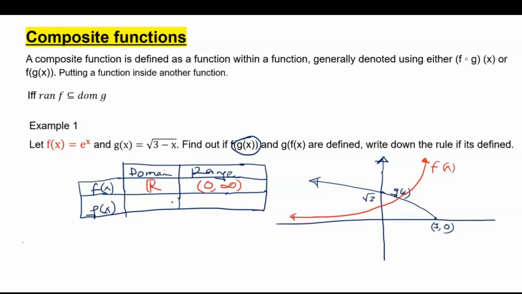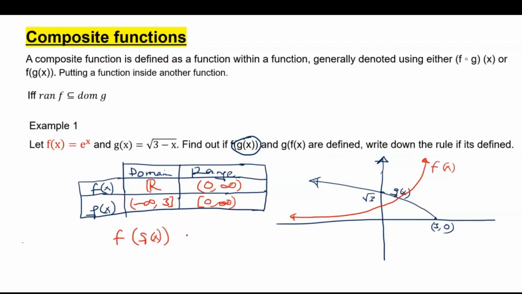And my domain for g of x will be, and my range will be 0 to positive infinity. And I want to find out if f of g of x does exist.